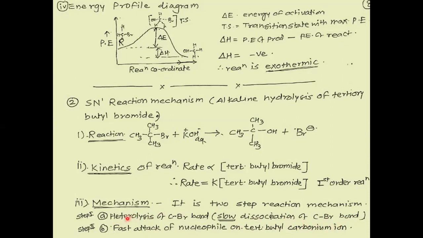Now let us see what heterolysis is. In this C-Br bond, the electronegativity of carbon and bromine is different. So the shared electron pair in this bond is shifted towards the bromine side, and bromine gets a partial negative charge and carbon gets a partial positive charge.